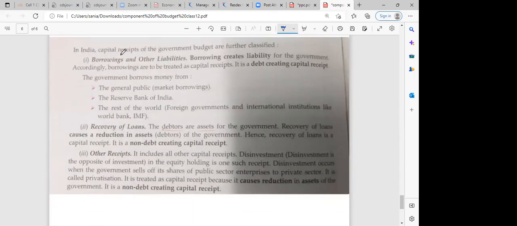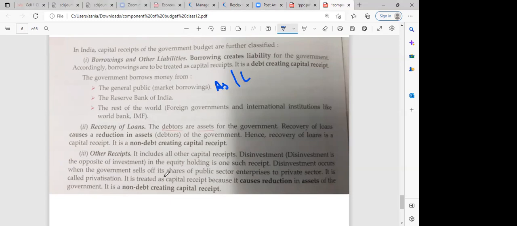First, what is borrowing and other liabilities? For example, if I am borrowing from someone, what will happen? Will my asset be affected or my liability? Liability. How will it be affected, increase or decrease? Increase.